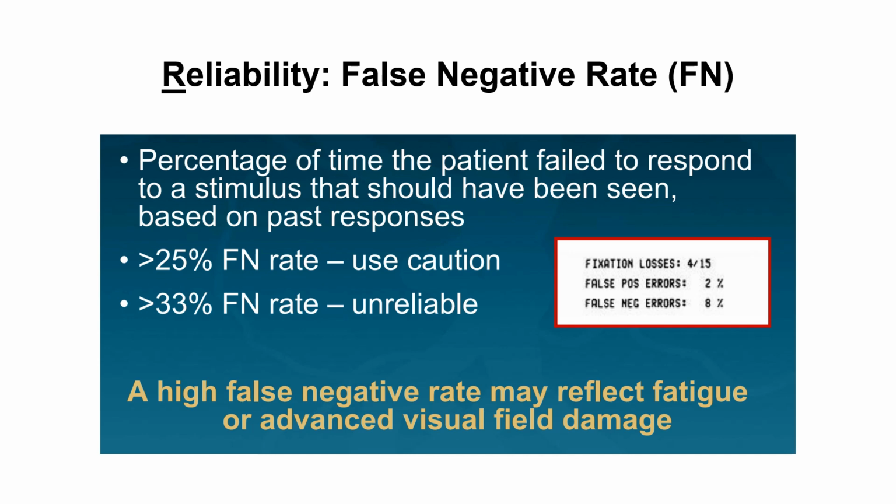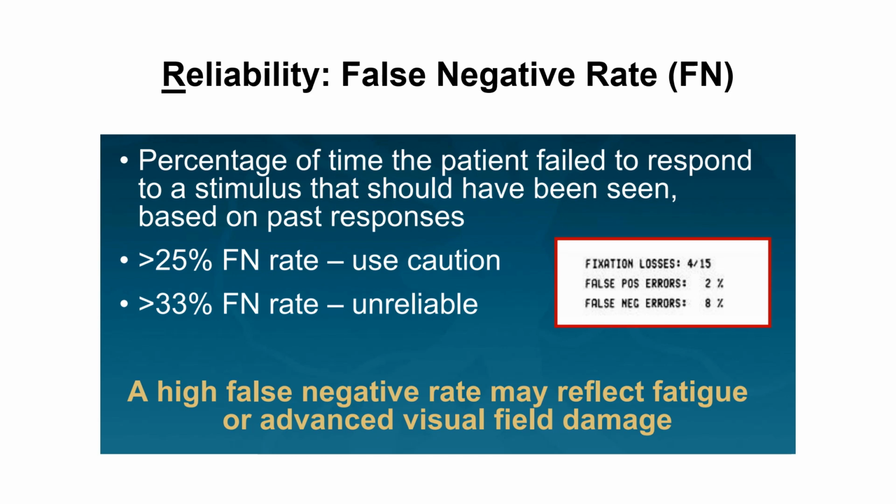So the patient will see a point, then the testing machine will show at the same location a higher threshold stimulus. The patient should see it. However, the patient will not click, will not respond. And this is seen especially in patients falling asleep, and can reflect fatigue.